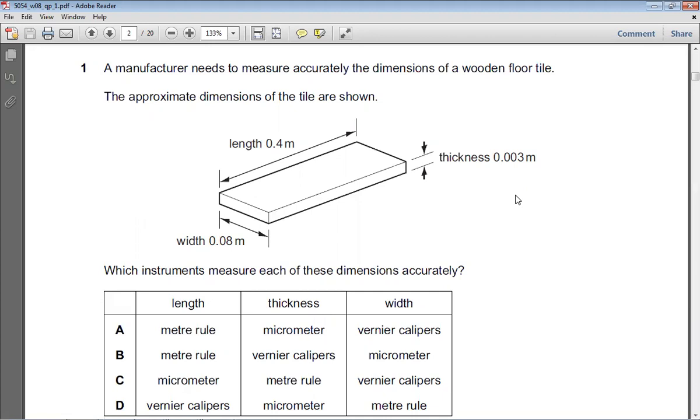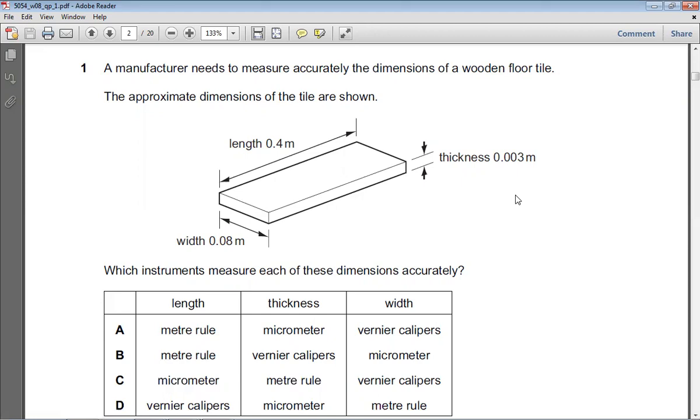So if you convert them into centimeters, the length is 40 centimeter, the width is 8 centimeter, and the thickness is 0.3 centimeter, which is 3 millimeter. So which instruments measure each of these dimensions accurately?